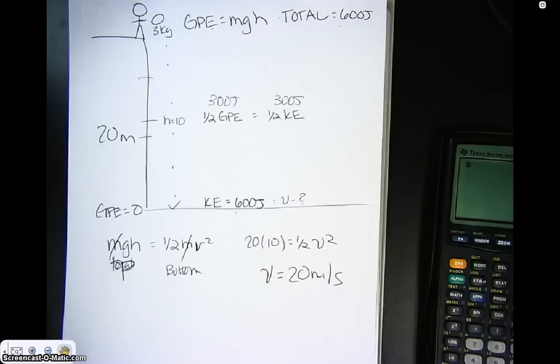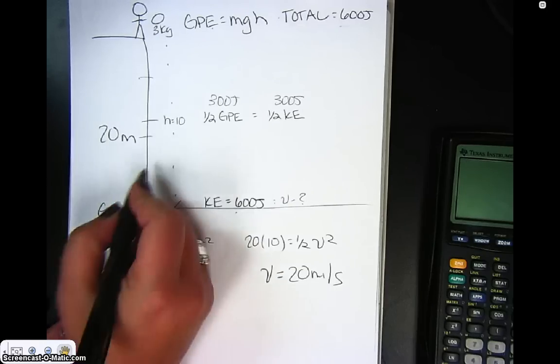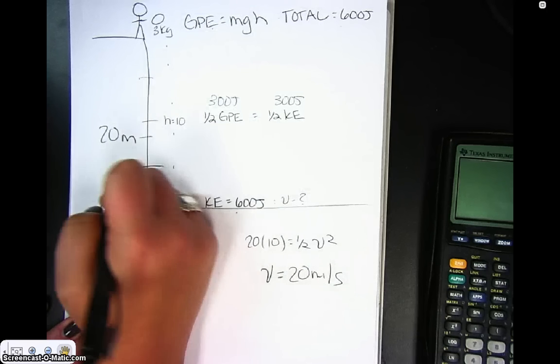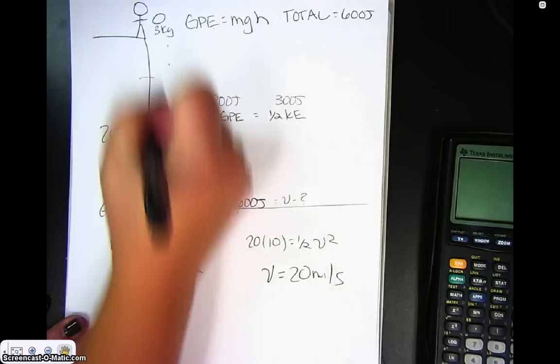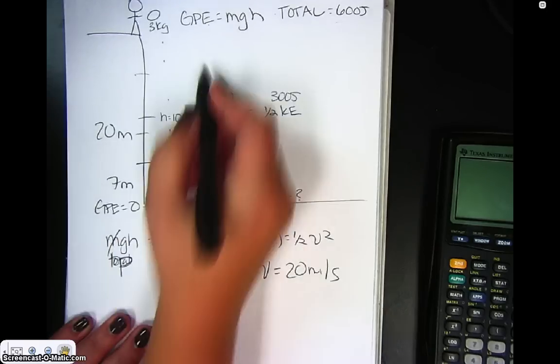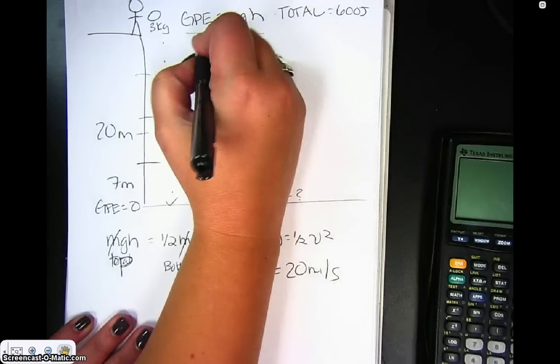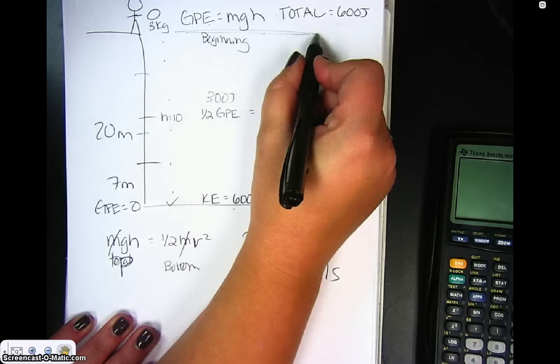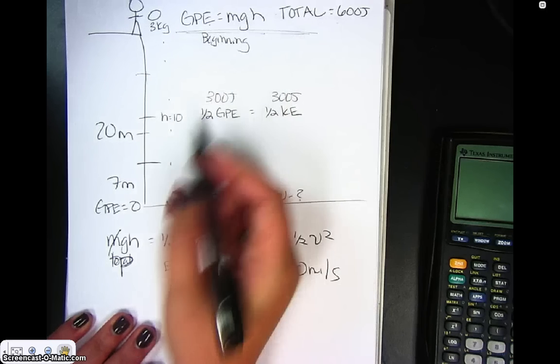Right? Now, I could also easily figure out, well, let's say it has fallen 13 meters down. So that means now it is only 7 meters above the ground, and there has been a change of height of 13 meters. So what I could say is that at the beginning, all of the energy is gravitational potential energy.